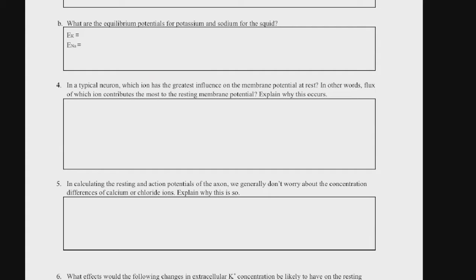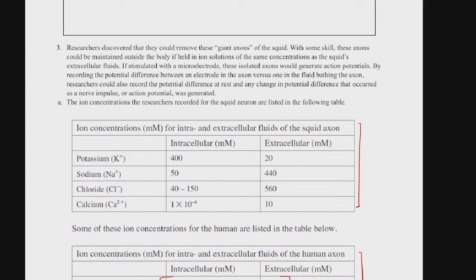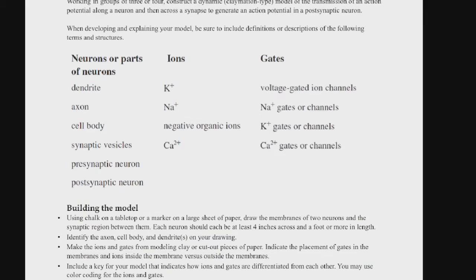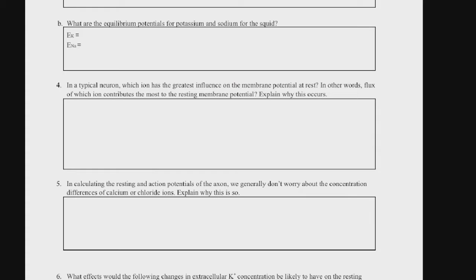Similarly, we're going to use these numbers to do the same for the squid. We're going to be looking at potassium and sodium. So these two numbers right here, and just make sure to pay attention to intracellular and extracellular. So for potassium, we have 58 over 1 times the log of 20 extracellular over 400 intracellular, and that is negative 75.5 millivolts.